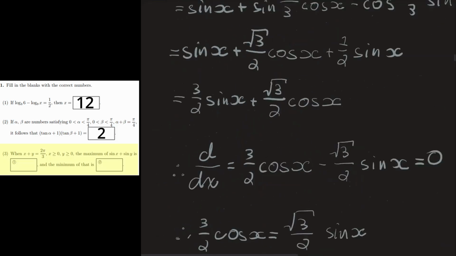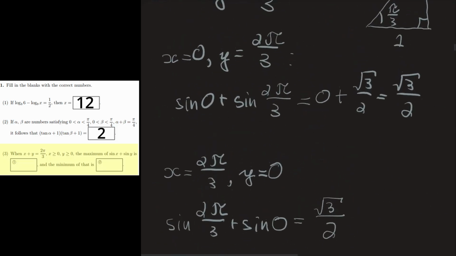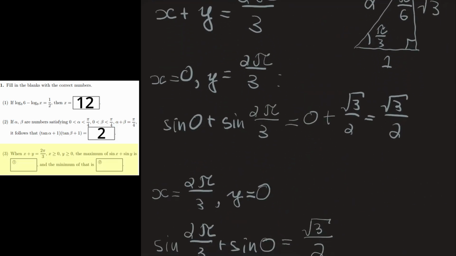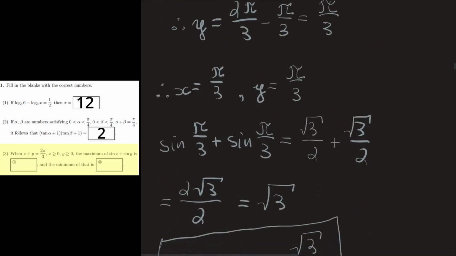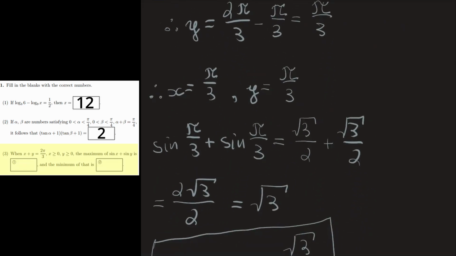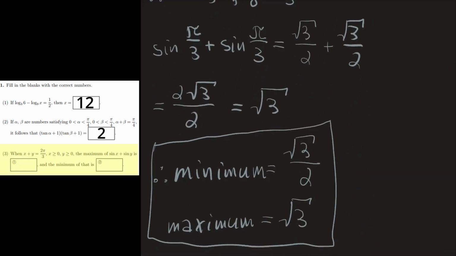Previously, when we checked our bounds, we found that both of them equal the square root of 3 over 2. And now we found that when the derivative is equal to 0, our function equals the square root of 3. So that means that our minimum is equal to the square root of 3 over 2, and the maximum is equal to the square root of 3, and that is the answer to this question.